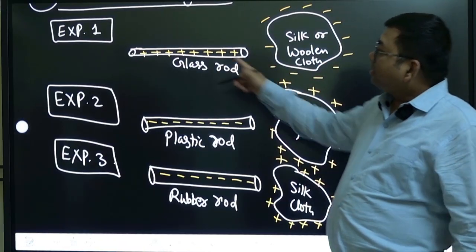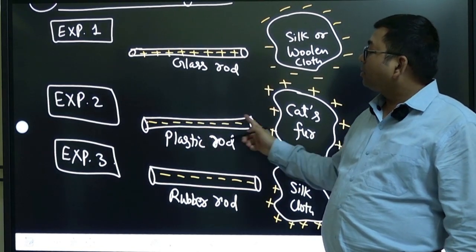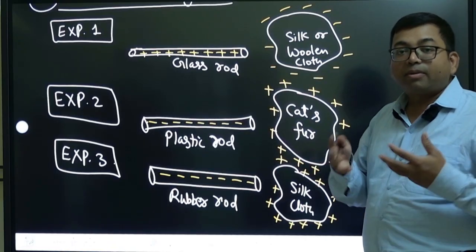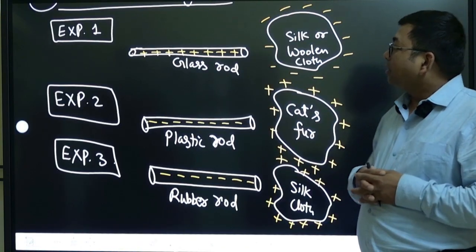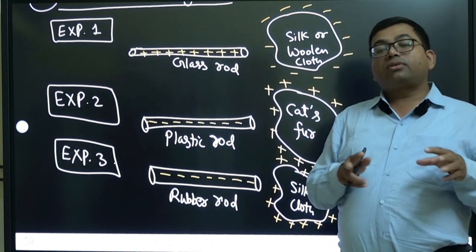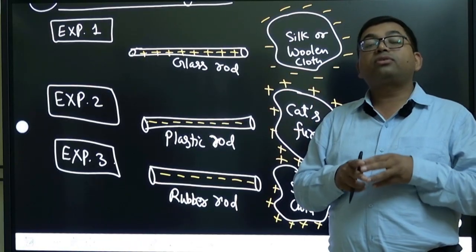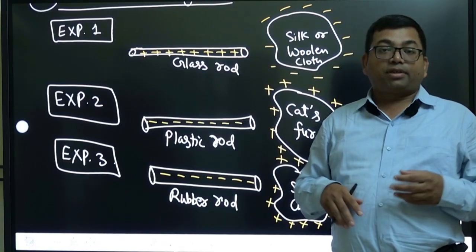And this glass rod after rubbing with silk cloth and this plastic rod after rubbing with cat's fur will also attract each other because they have opposite charges. Another thing to note: suppose you take two glass rods and separately rub them with silk cloth, then those two glass rods will repel each other because they will get positive charges.